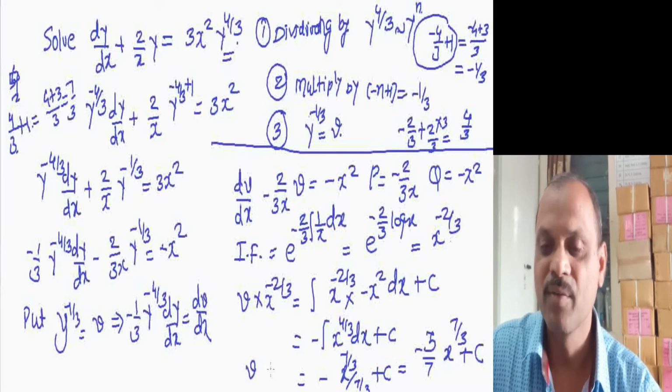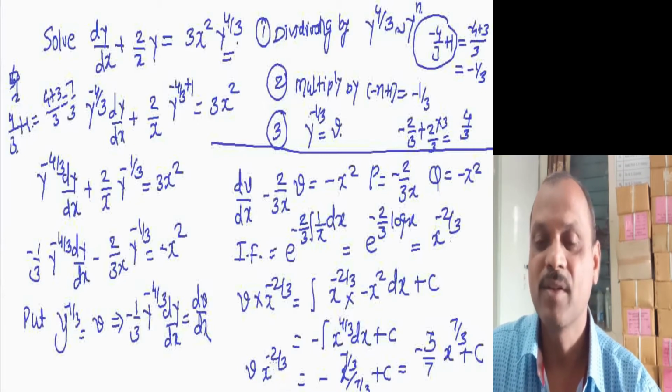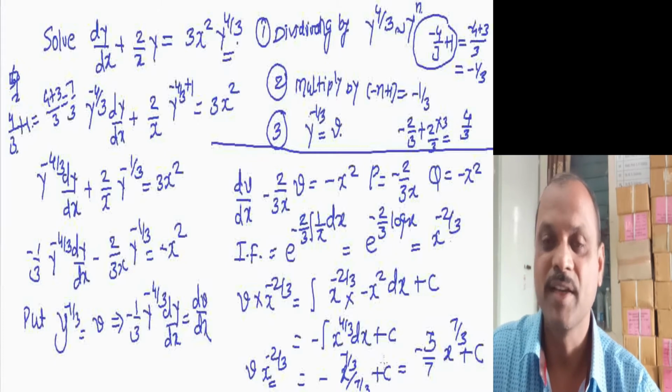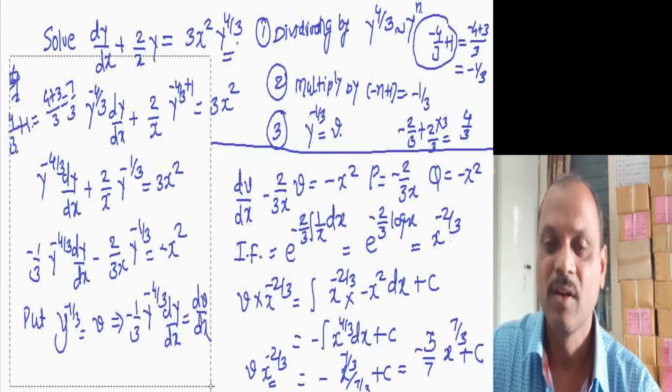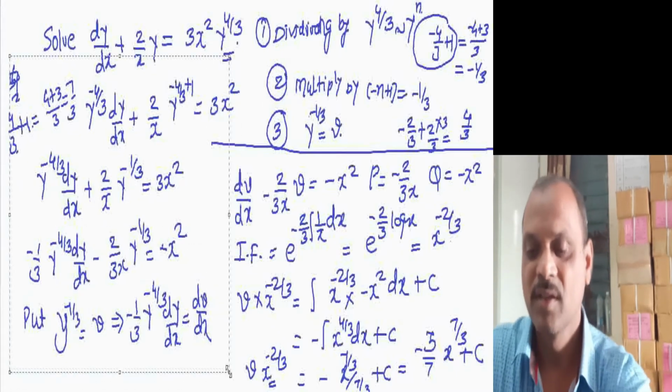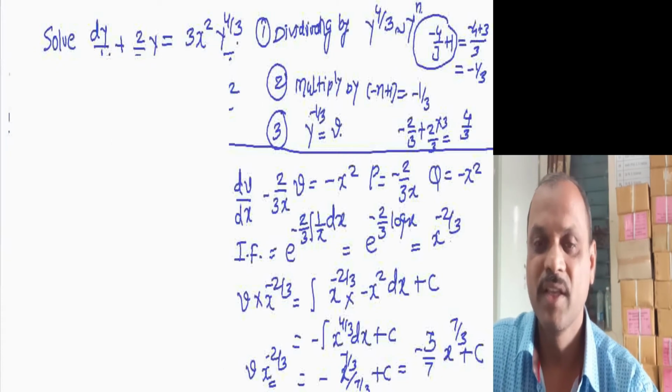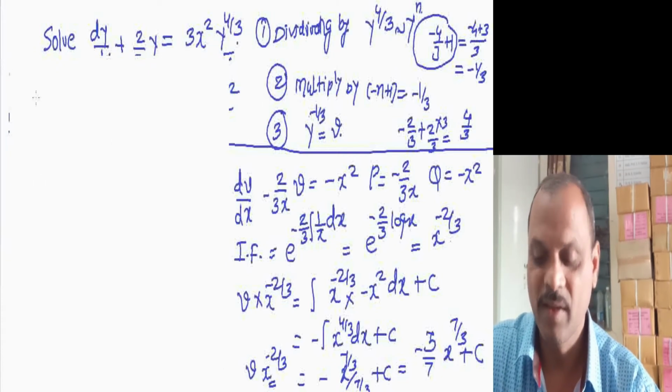This is what? This is my v into x raised to minus 2 by 3. Now transfer this term to this side. If we transfer this term, we get the required relation. Okay. So, what is our substitution? v, what is v? v is y raised to minus 1 by 3.